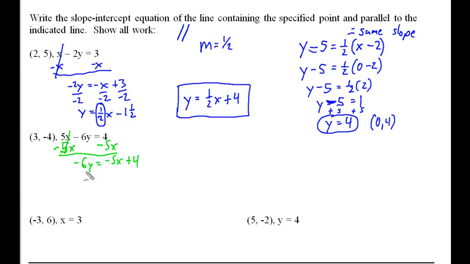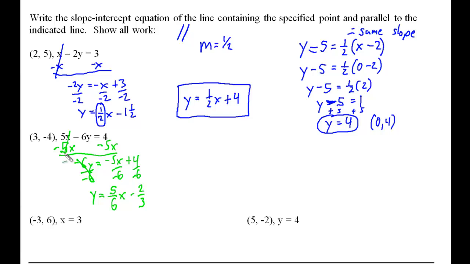Then we are going to divide both sides by negative 6 to get rid of the number in front of the y. Those negative 6s get simplified, so y is equal to, my slope is 5/6 x, and my y-intercept of this problem is negative 2/3.